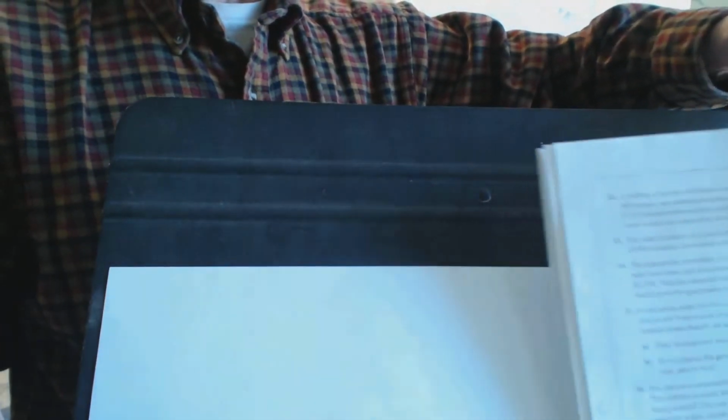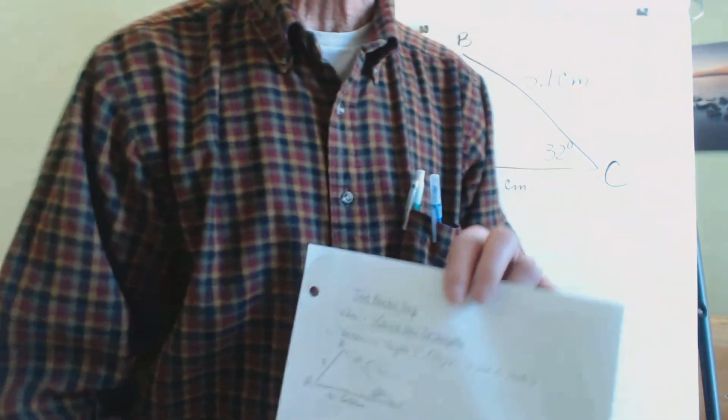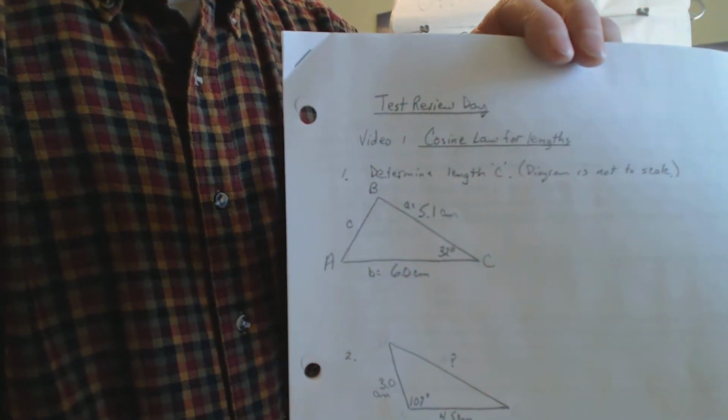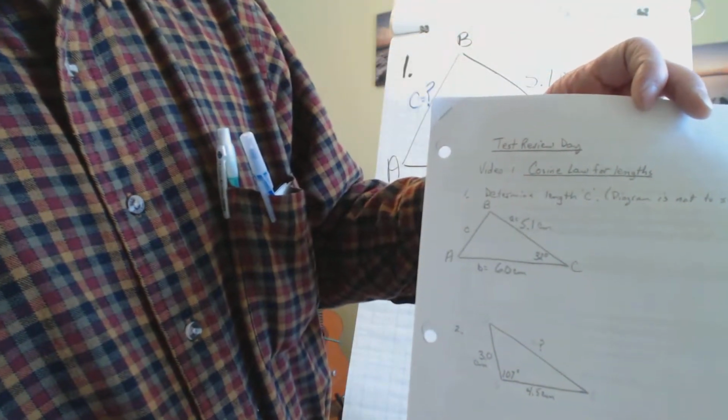I'm going to hang my hat on the fact that expected value was a very recent topic, and we'll set these aside for now. We're going to move into this booklet right here. It's the test review day.